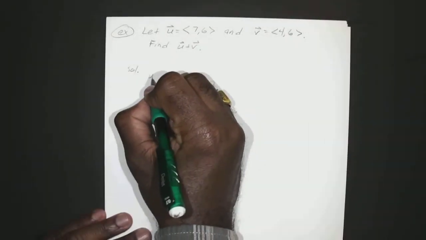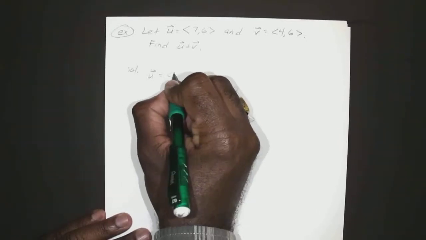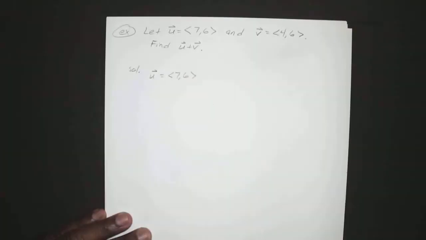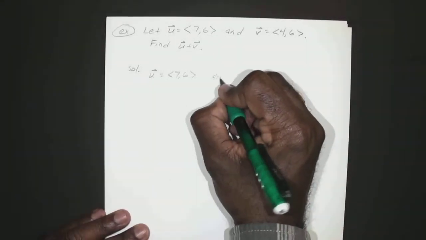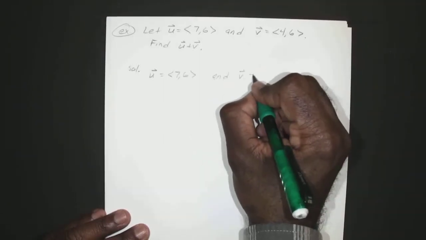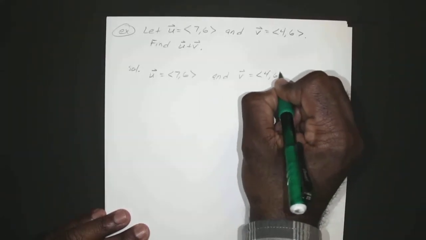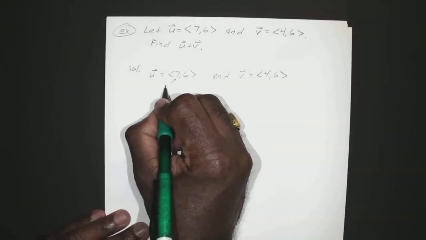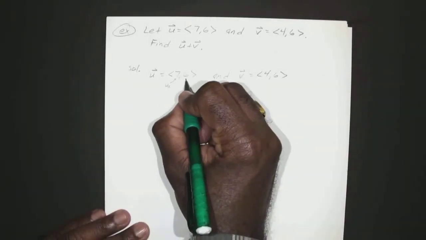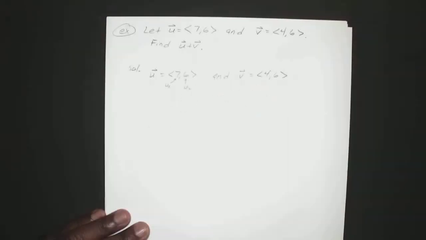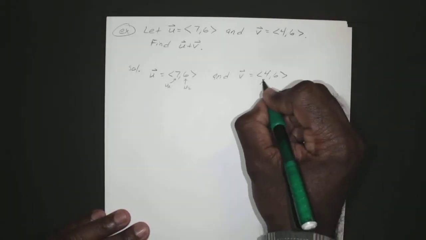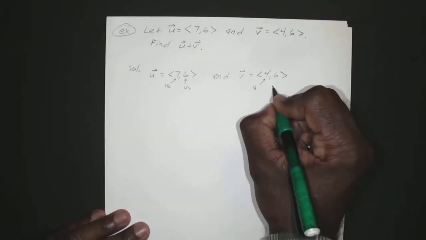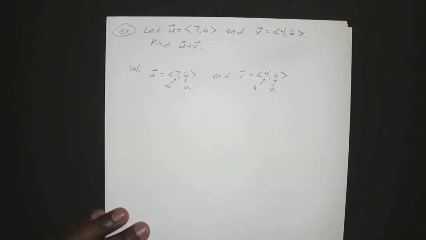Okay, so we know that our u is 7, 6, and our v vector is 4, 6. That just means this is our u1, this is our second component, this is our first component of v, and our second component of v.